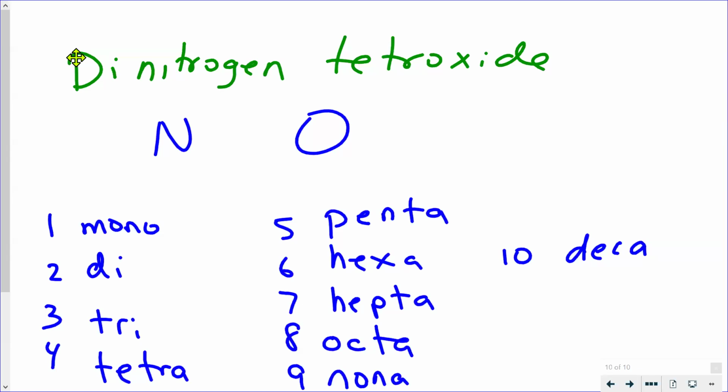So when I say di, how many do I have? 2. When I say tetra, how many do I have? 4. You remember when we worked with ionic compounds, if you see 2 and 4, you reduce it.